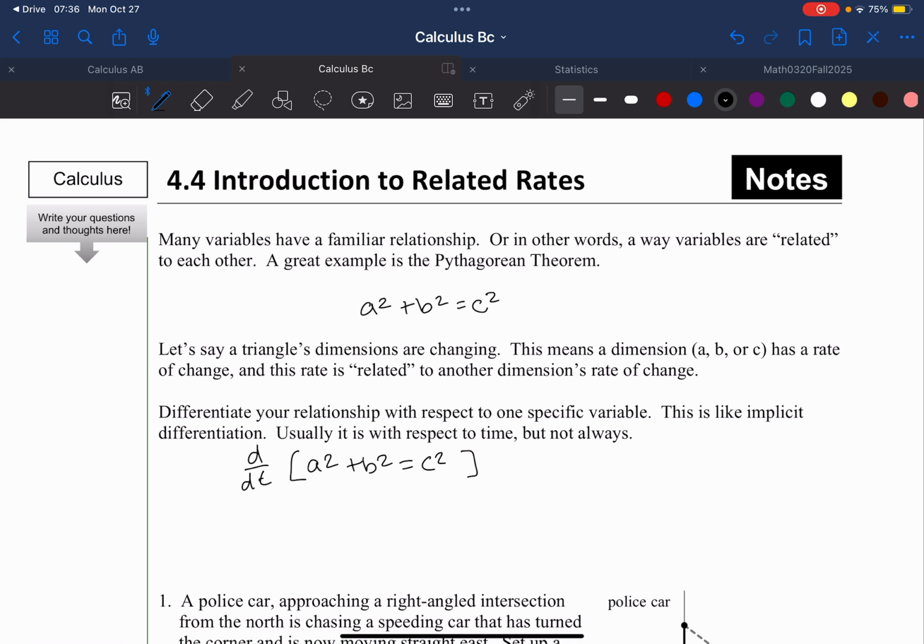So what that means is we are going to take the derivative of each of these parts, and then we are going to write dA dt for A, dB dt for B, and dC dt for C. So this would be 2A dA dt plus 2B dB dt is equal to 2C dC dt. Okay.